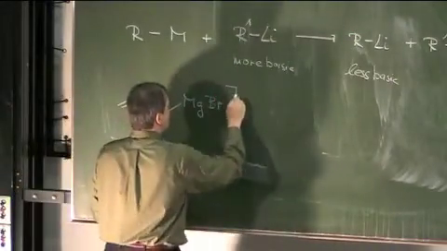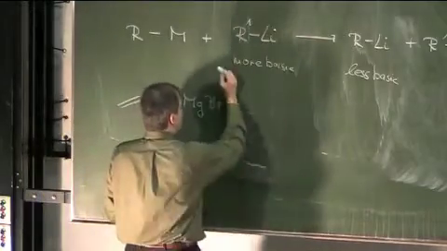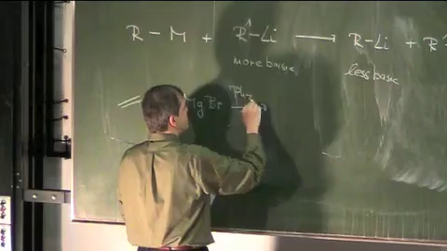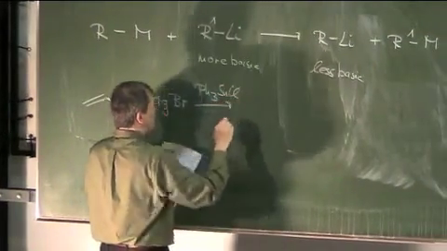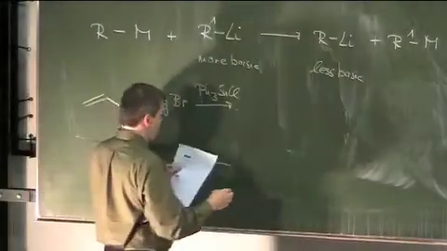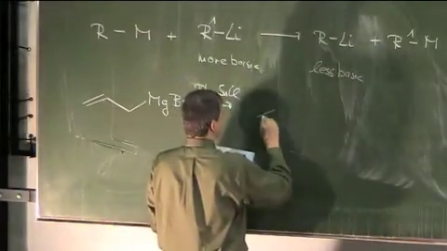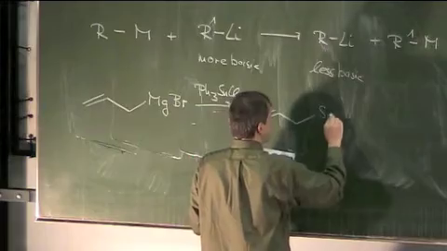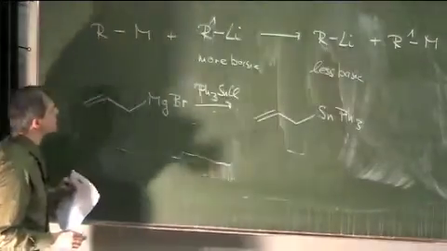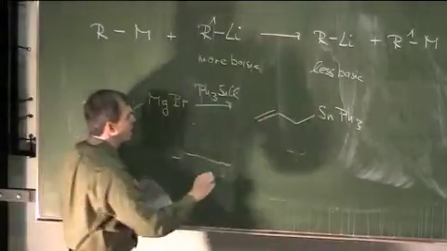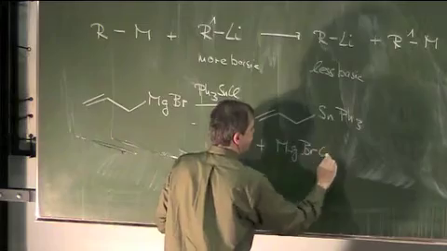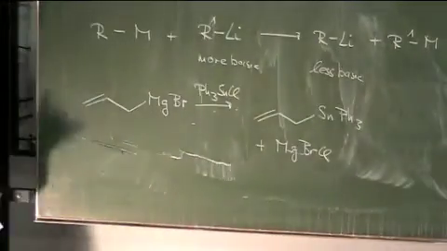If you go from an aryl magnesium compound and you're using triphenyl tin chloride, you will do the metal-metal exchange.